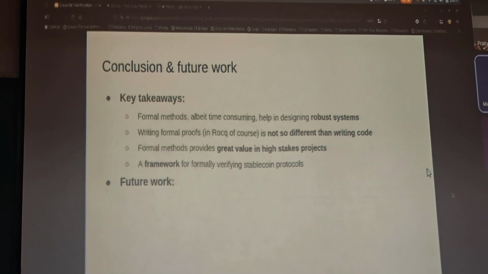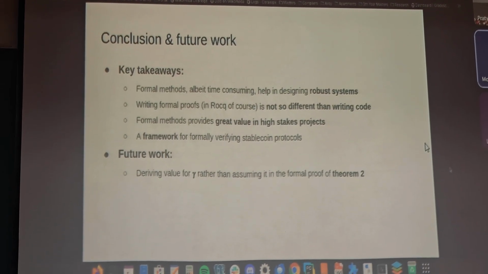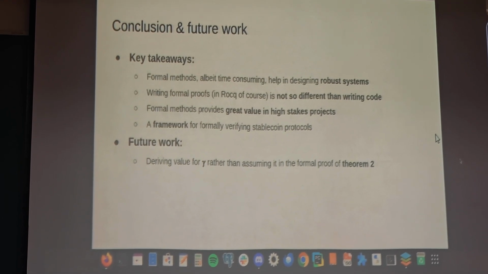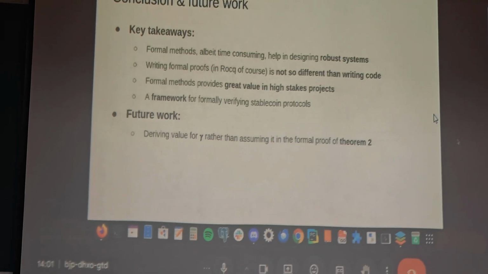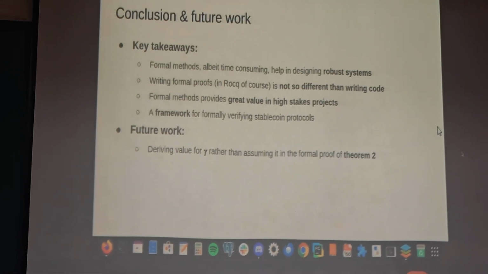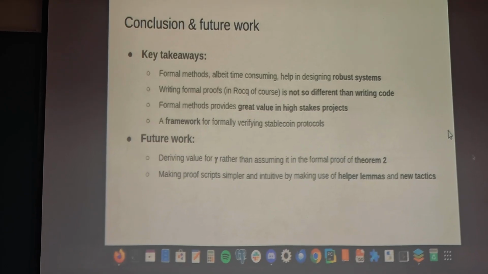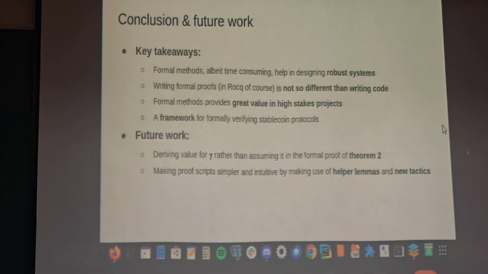For the future work, for the formal verification of Theorem 2, we made an assumption, but the future work would be to remove this assumption and also prove it. And also make some proof scripts smaller and more intuitive by making use of helper lemmas and new tactics.